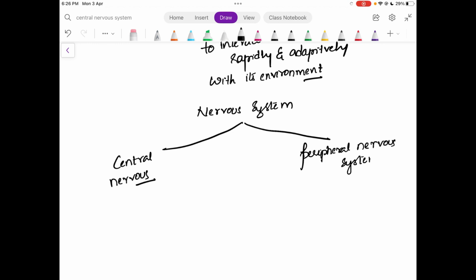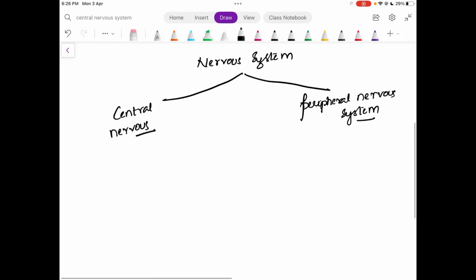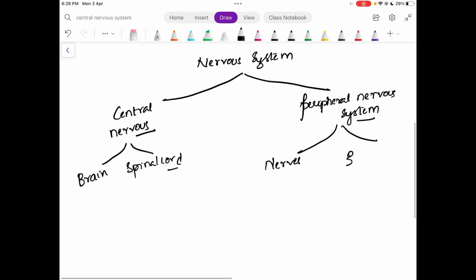The central nervous system consists of the brain and spinal cord. The peripheral nervous system has nerves and ganglia. These ganglia contain a small group of neurons.